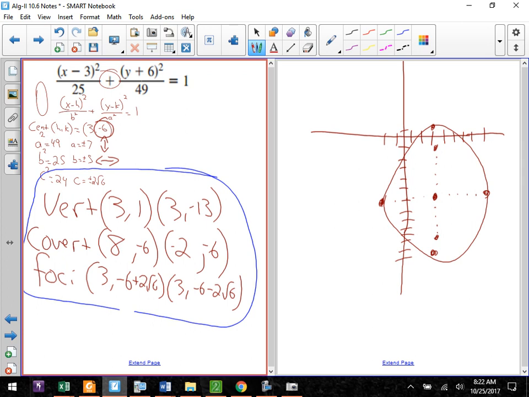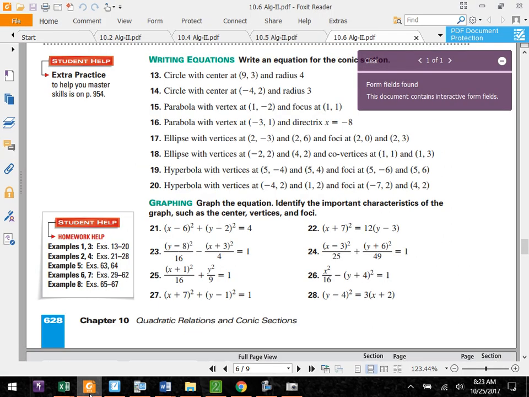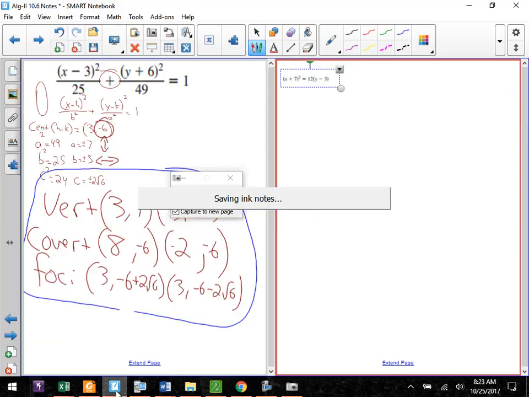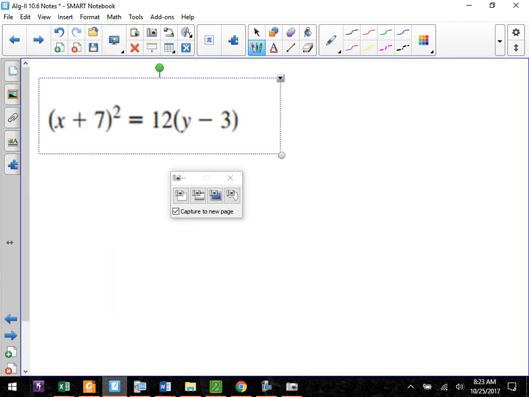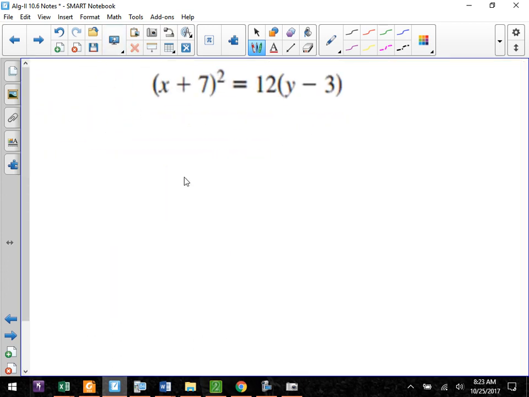Okay. Which means we have one left to do, the parabola. So the parabola one is a little bit easier.